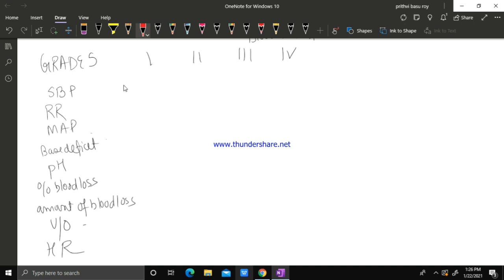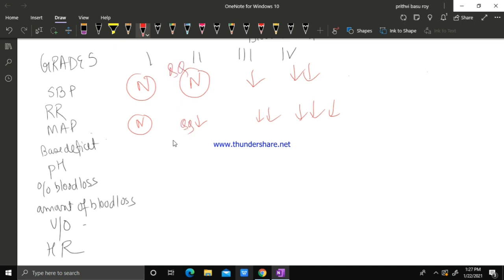So systolic blood pressure: how do you understand it? Normal, decrease, further decrease. Mean arterial pressure: normal, decrease, further decrease. This is important, and this is a question again.